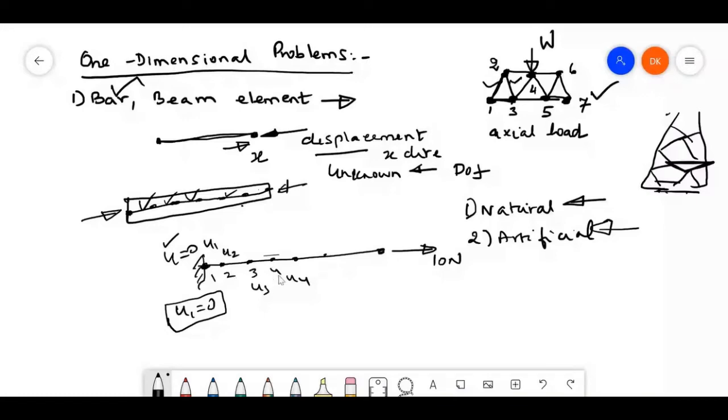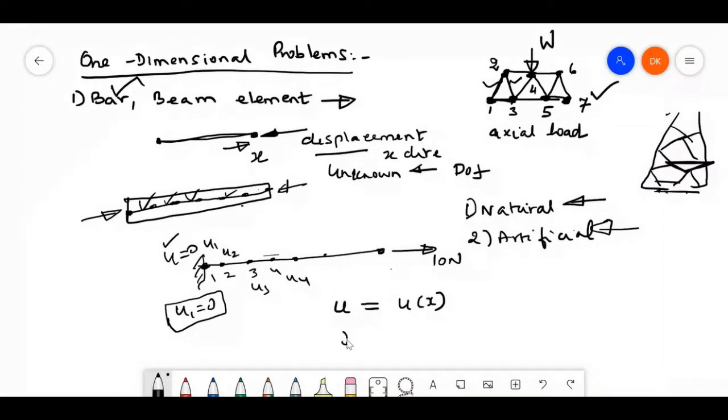For getting those values, I am using the finite element method and solving the simultaneous equations in matrix form, and I am getting the solution. So this is a one-dimensional problem. If the displacement notation is taken as U, it is a function of x, so u of x, because it will take only the axial direction.